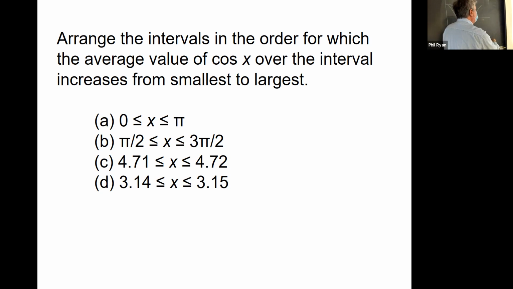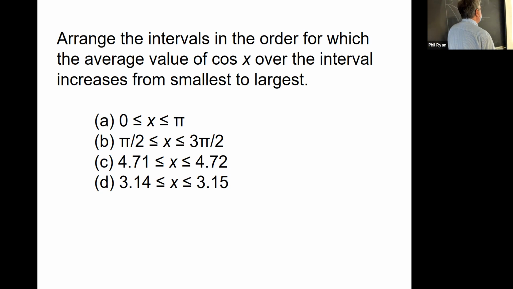Oh, 3.14 to 3.15 is around here. So what can we tell about the average value there? It's lower than B, because it's pretty near -1. So here is D, it's now -1.